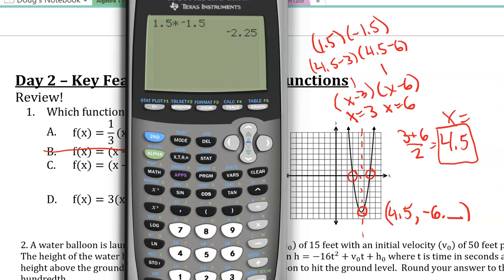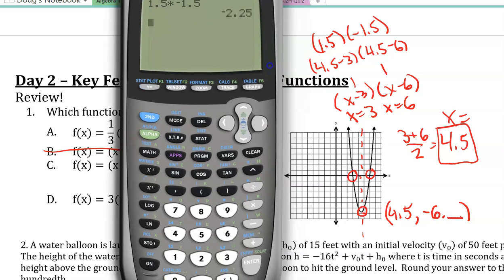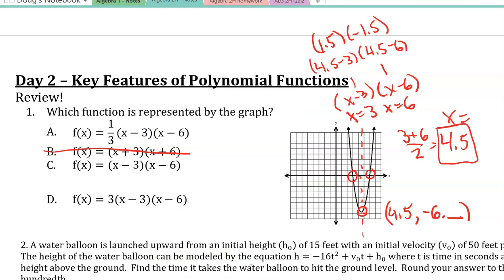Is it possible that's actually negative 6.75? Well, let's see. If we multiply this by 3, that would give us that output value. So that means what's really happening is that our function factors also have a greatest common factor of 3, which will give us that negative 6.75 we're looking for. So that means that our answer for our review problem is D.